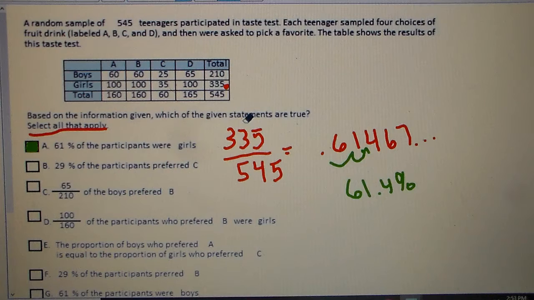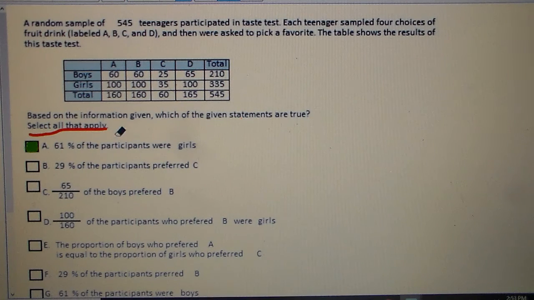The next bullet here is B. We have to go through the whole entire list. So 29% of the participants preferred C. So of the total participants, 29% of the people have to prefer C. So we look at the total amount of people that prefer C, which was 60, out of the total, which is 545.